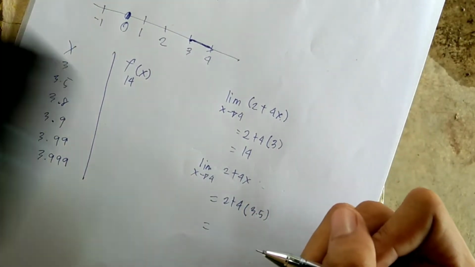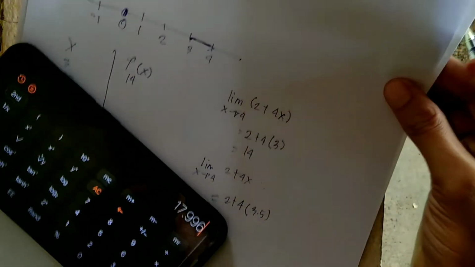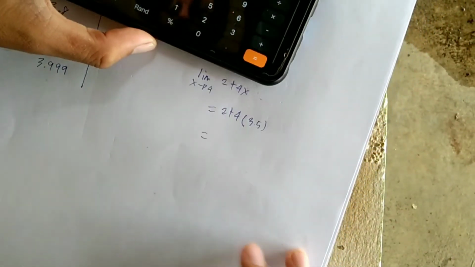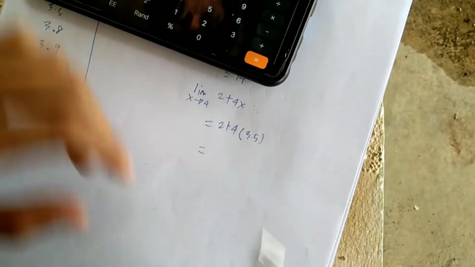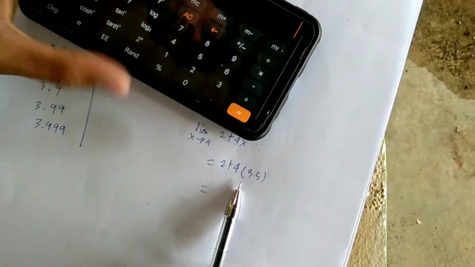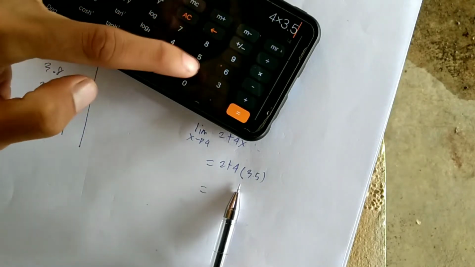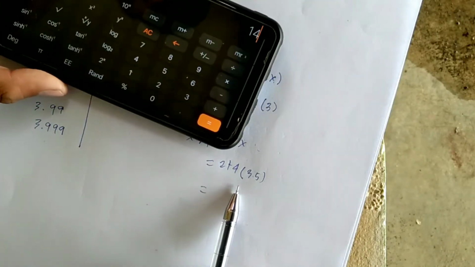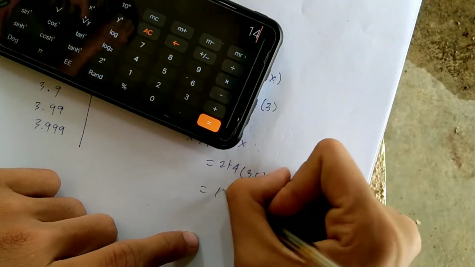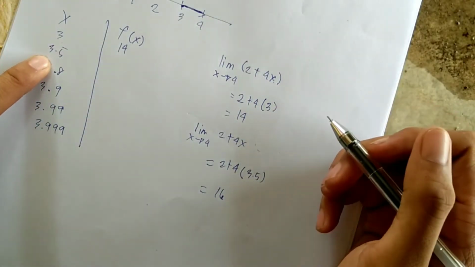Kailangan natin gumamit ng calculator to find the answer. So iuna natin yung may parenthesis. So 4 times 3.5, that's 14, plus 2, and that's 16. So yung f of x ng 3.5 is 16.